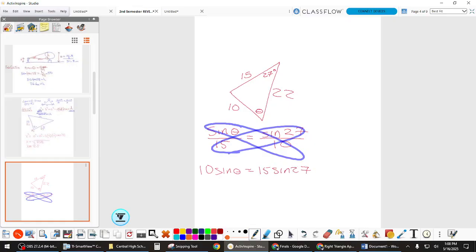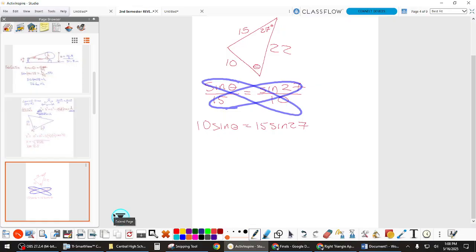Now we want to get theta by itself. How? By what though?